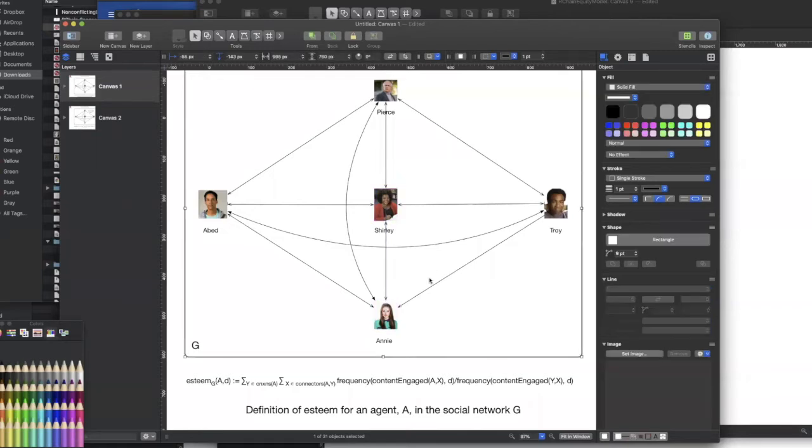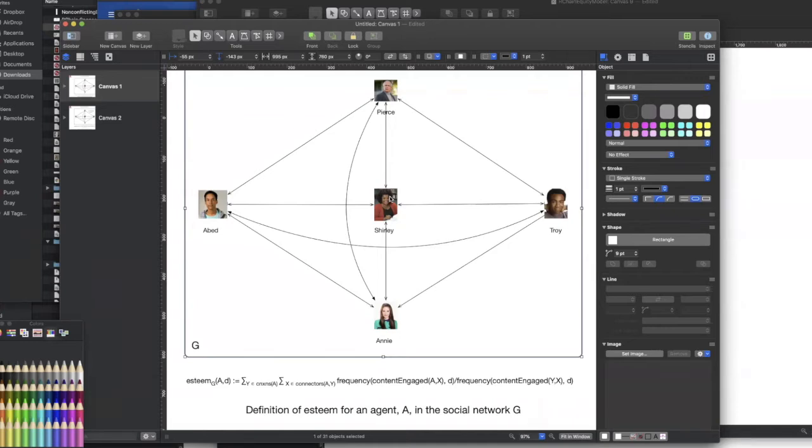Okay, finally. Troy is a connector between Abed and Pierce, obviously, right? I can get to Pierce from Abed through Troy, and Shirley is a connector between Abed and Pierce. So I can get to Pierce from Abed going through Shirley. Does that make sense? Yes, yes. Yes. Mm-hmm.